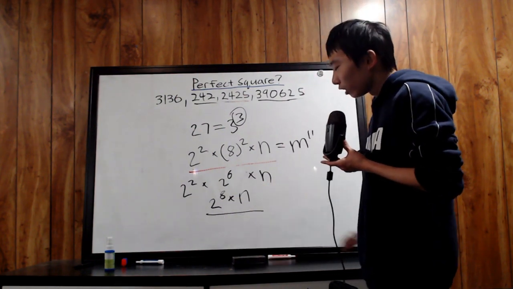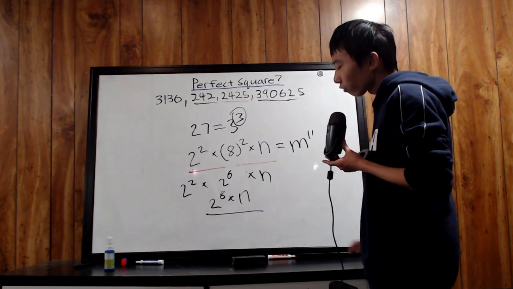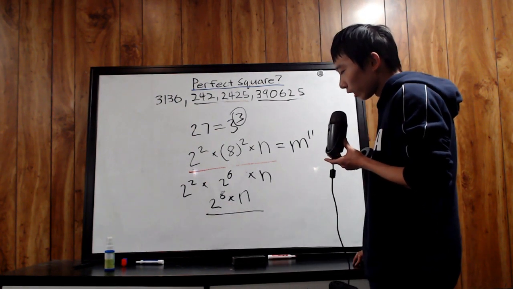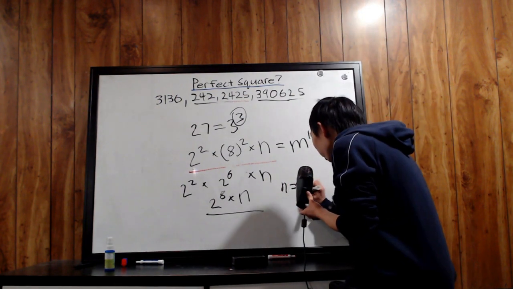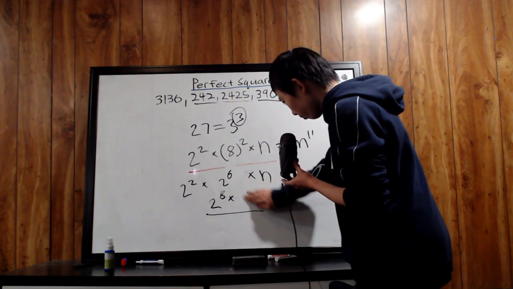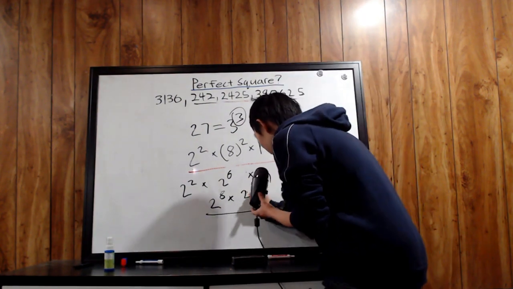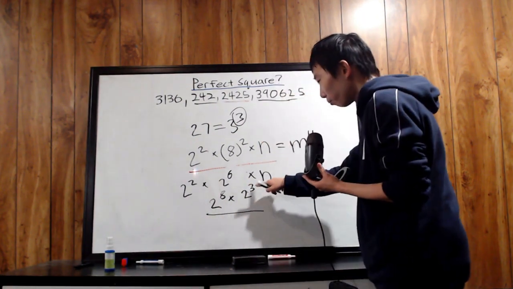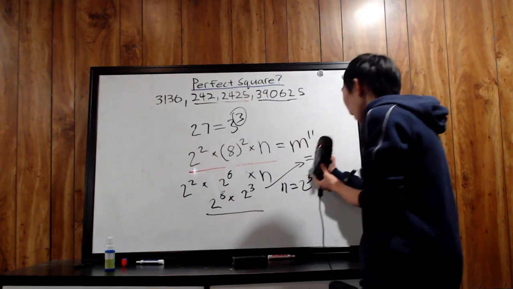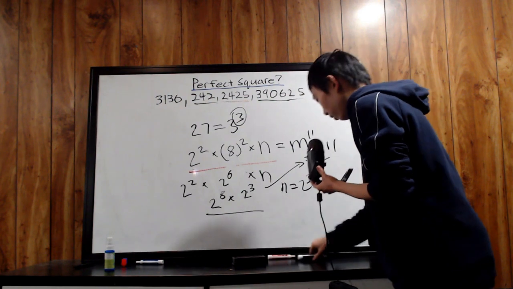In order for n to bring this to a multiple of 11, n can equal 2 to the 3, because when n is equal to 2 to the 3, you have 2 to the 3, and then you just combine these exponents and here you would have 2 to the 11th.